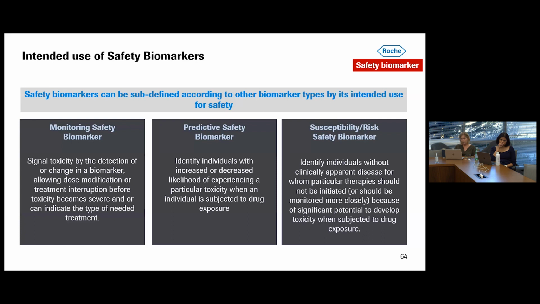To decide whether something is a safety biomarker, can be monitored or predictive, requires, when we're developing novel therapeutics, in my experience, outside of oncology, I'd love to hear Priti's thoughts, a lot of data in order for these biomarkers to truly predict safety.